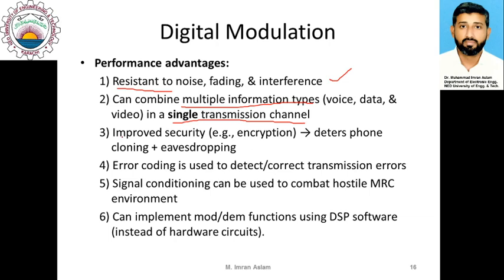In digital systems, we have relatively improved security because we have different encryption algorithms which can be implemented on digital systems easily.